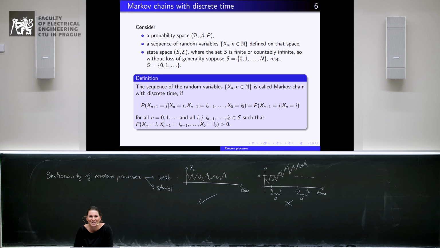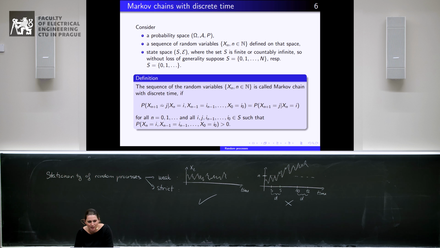Of course, it is in the title. But when we talk about chains, it means that we talk also about discrete states. And because we have, in fact, the chains of values. And these processes with discrete states and discrete time must have Markov property, which is defined in the definition below.